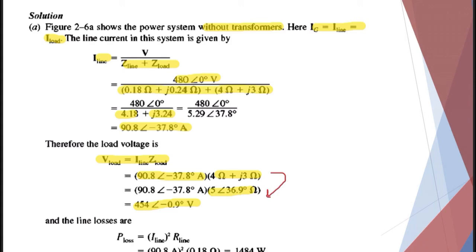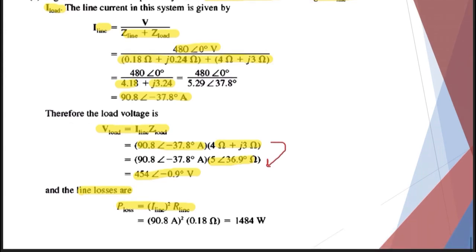Now finally we can find the line losses by using P losses. This is the formula: P losses equals I line squared multiplied by R line, only the resistor here. So 90.8 ampere squared, I line, multiplied by 0.18, without j, only R here, 0.18.